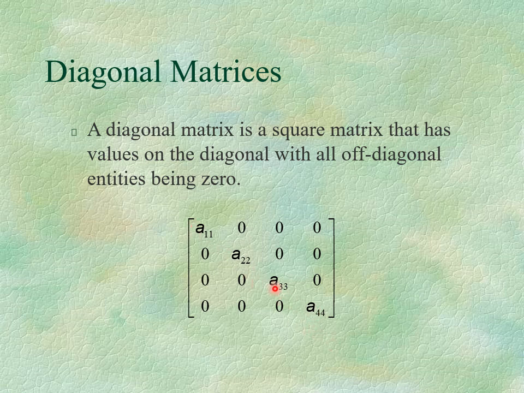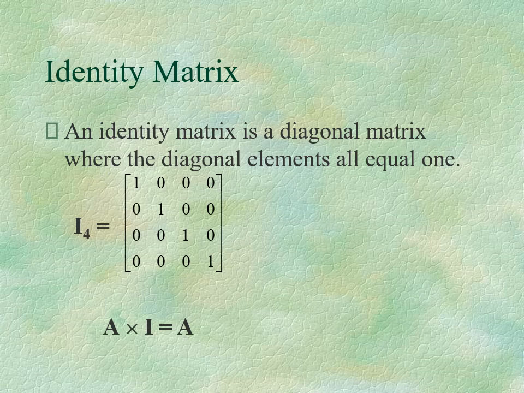If the main diagonal consists of unity or of 1, it will be identity matrix. So as in this example, this is identity matrix. Identity matrix denoted by letter I.